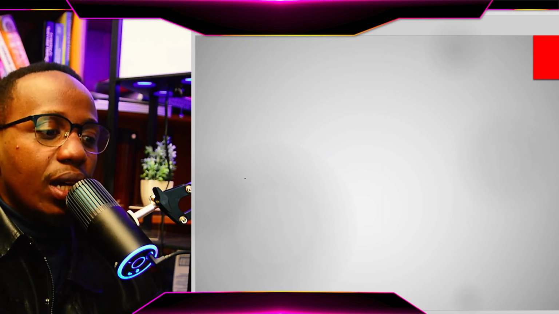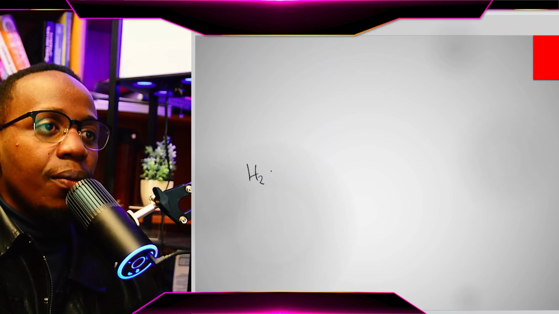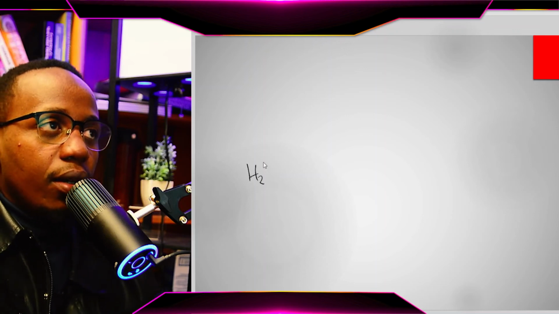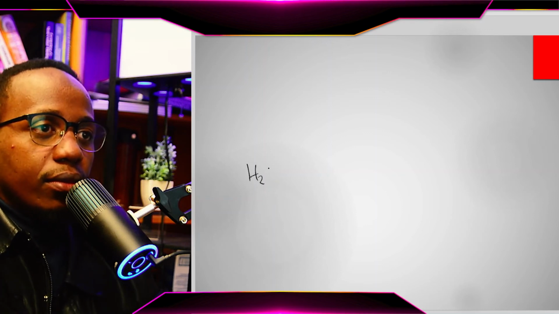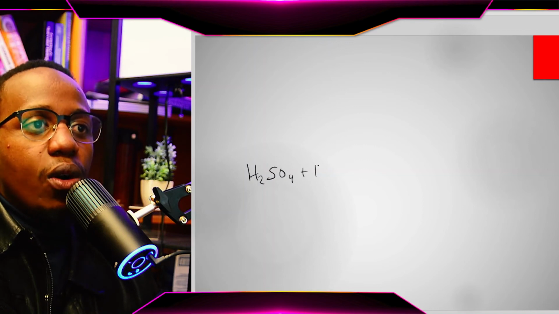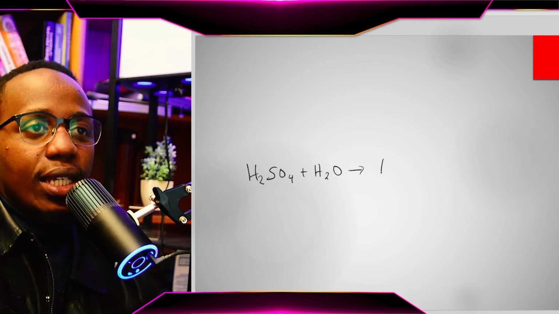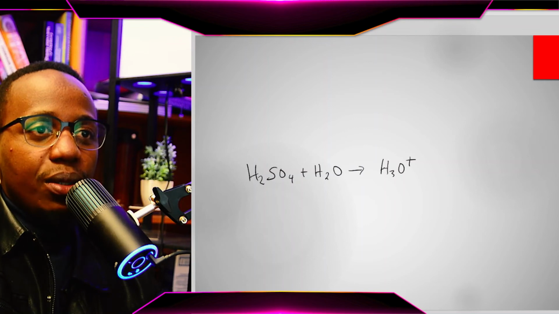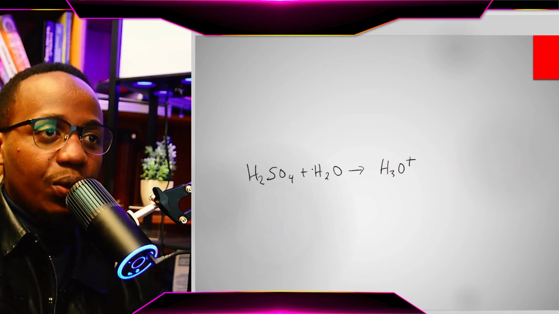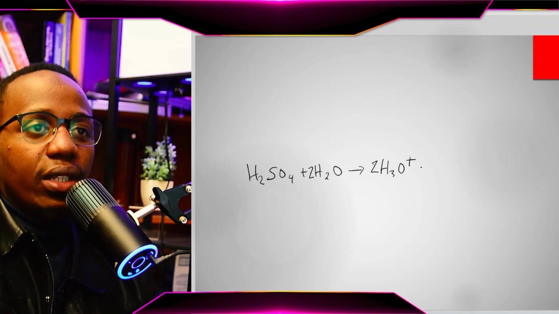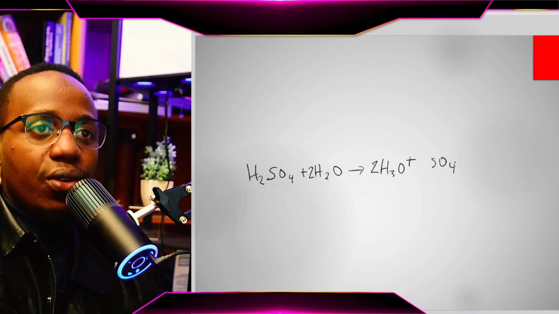So you have, for example, H2SO4 in water. Usually it's H3O plus, where water has just taken one hydrogen, but we have two. So we need two waters, then two of these, then you have SO4 2 minus.